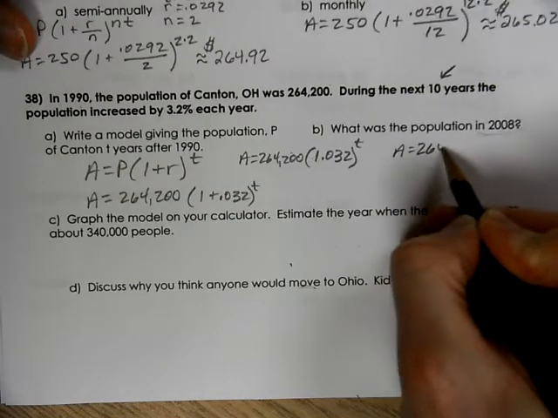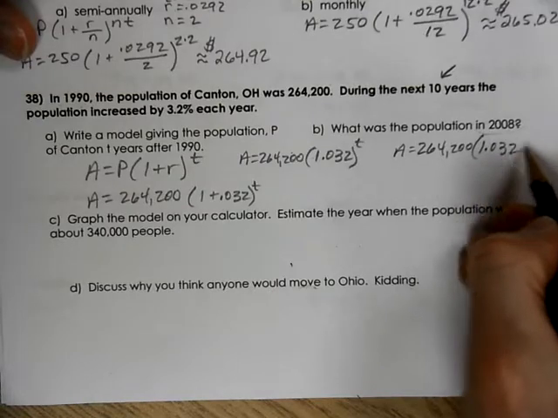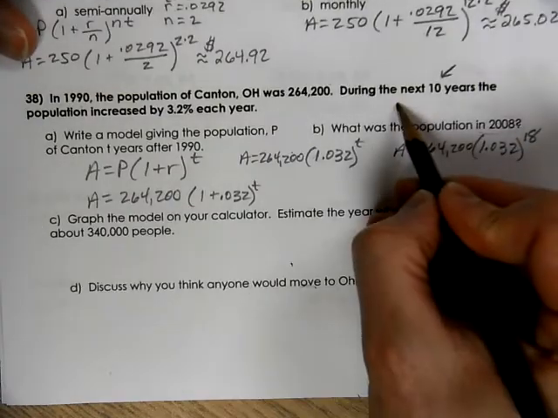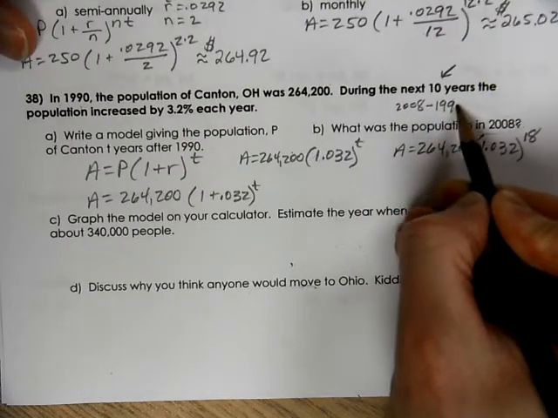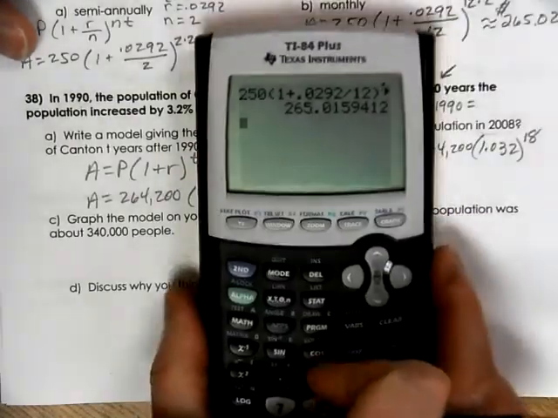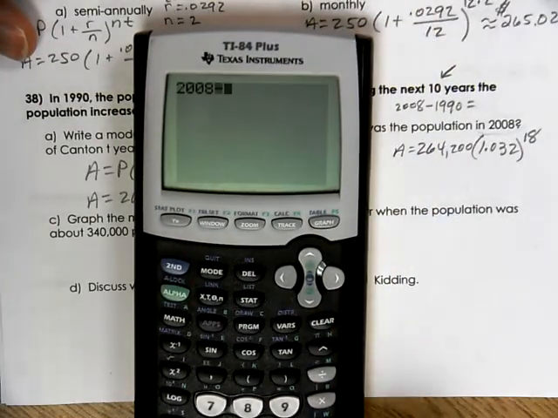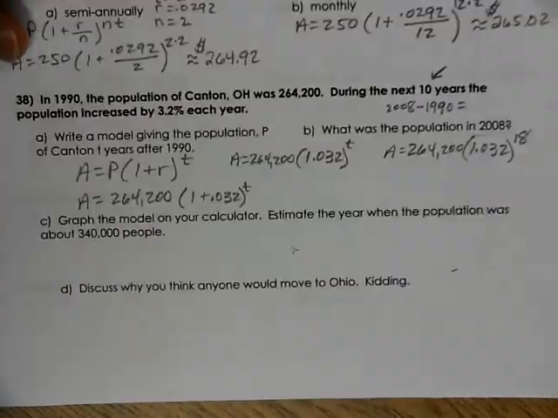So we're going to take our 264,200 times 1.032 for 18 years, because 2008 minus 1990 should be 18. That's where we get that from.